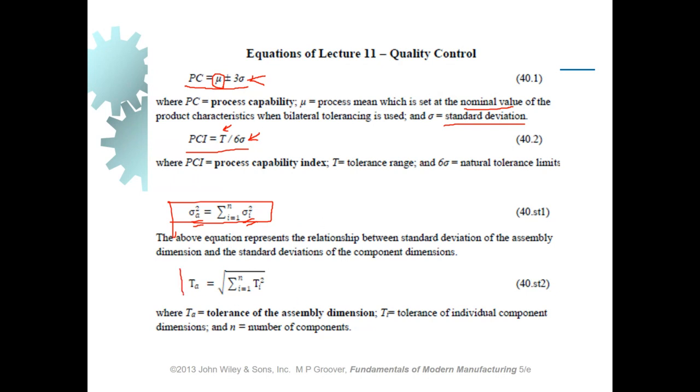We've got another equation down here, which is relating the tolerance of the assembly to the tolerance values of individual parts. Of course, N is representing the number of parts in both of the equations on this slide. And this is the equation that we just used in the previous slide.